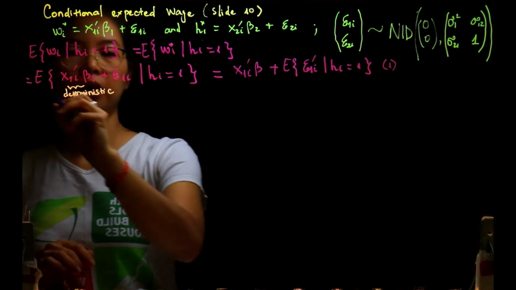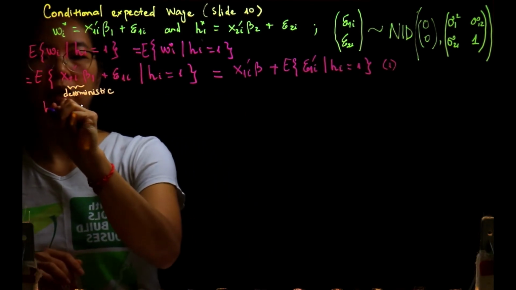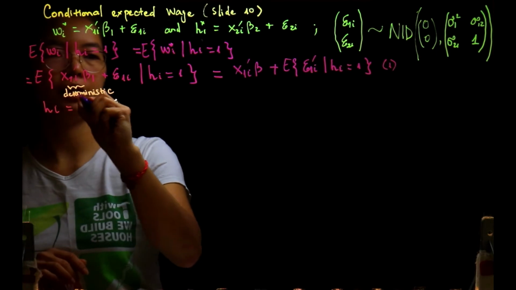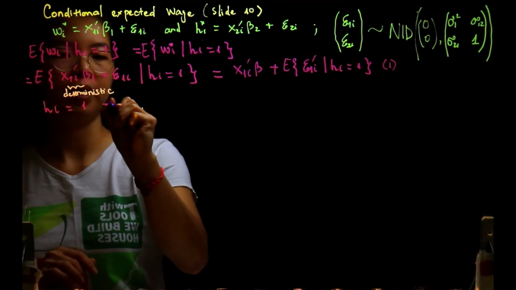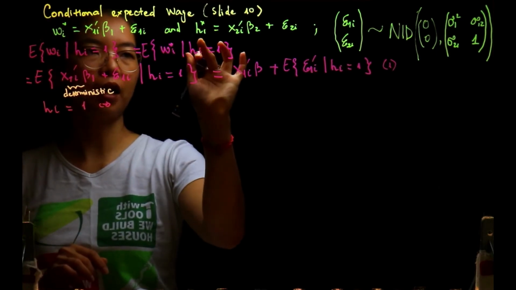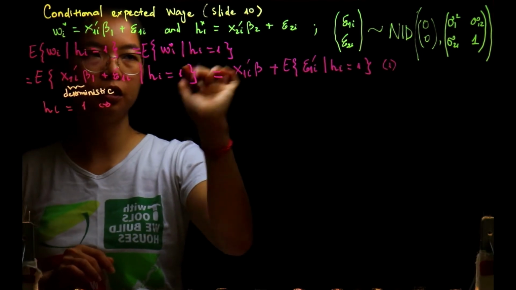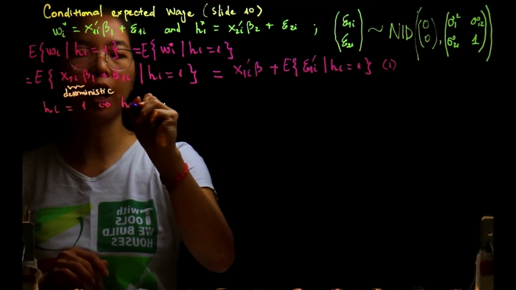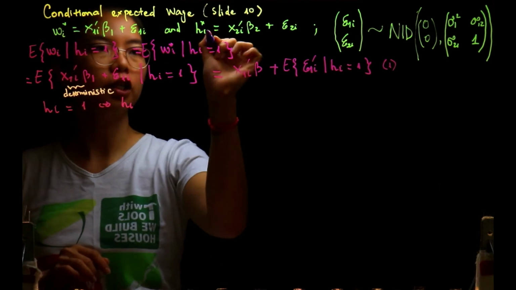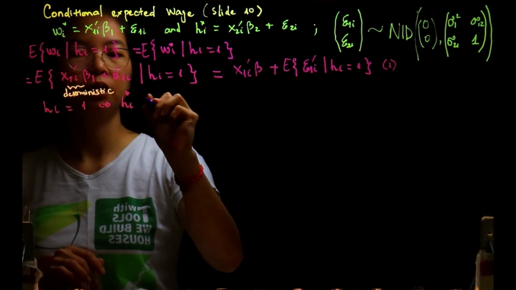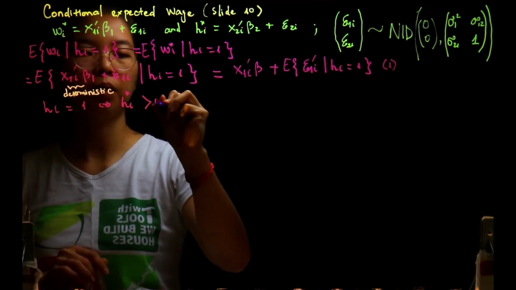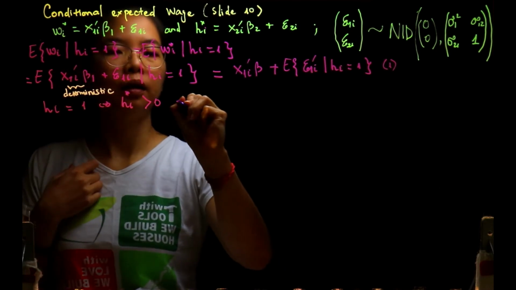The next step, we know that Hi equal 1 means the latent variable that governs the decision to work, hi star, is positive, right?